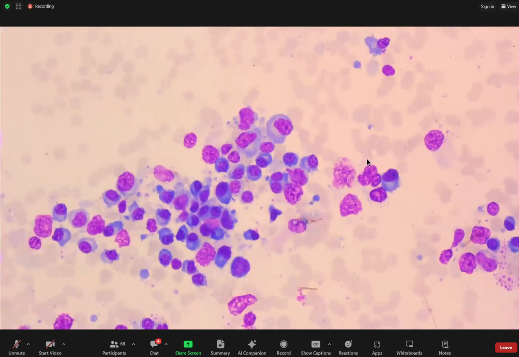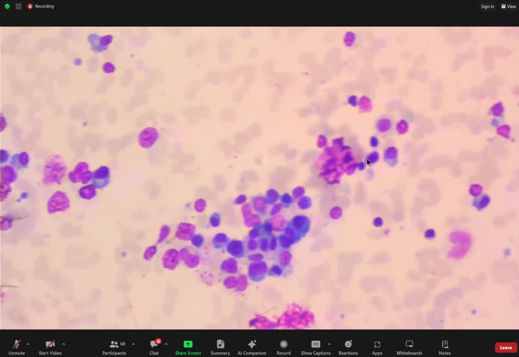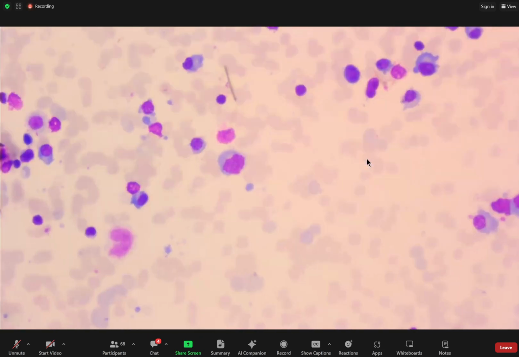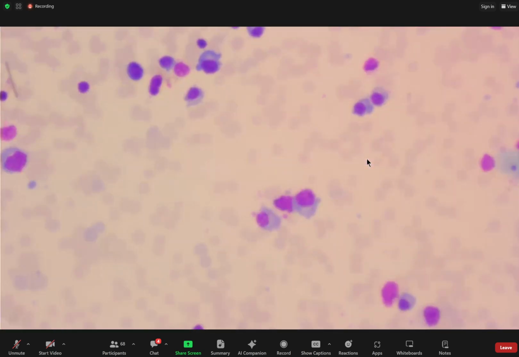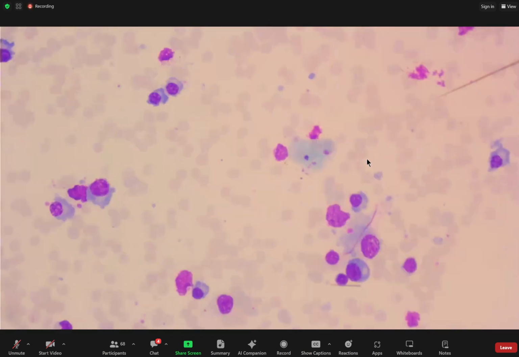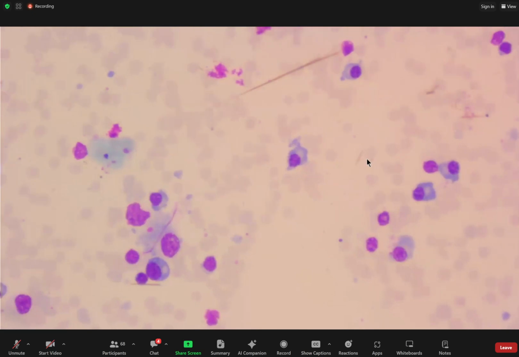For example, this one, a lot of plasma cells in the EDTA smear. Yeah, so many. Totally different findings. So we're going to get back to why there is a difference.